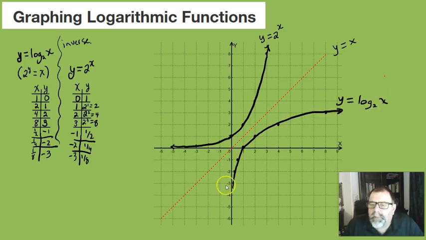So this is our base function or parent function, and then we could do all the transformations to that one. We can do log base 2 of the quantity x plus 3, so that'll move it left 3. We could do the stretches, the vertical shifts, we can move it up, down, horizontal shifts, and so on.